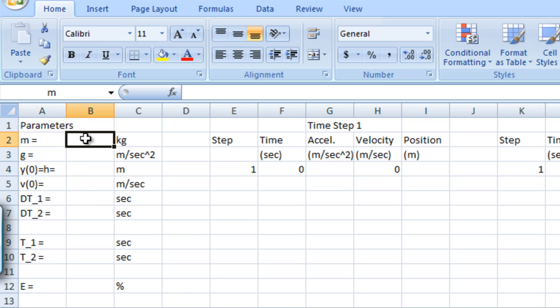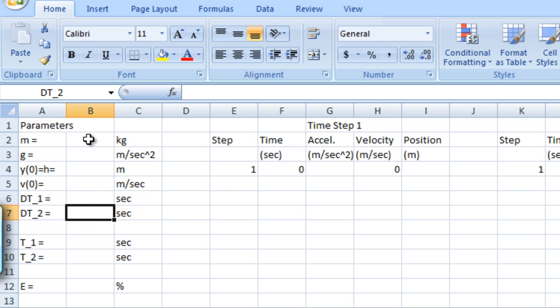You'll see that I've already named these cells: little m for the mass, little g for the gravitational acceleration, h for the initial height, v_0 for the initial velocity, and dt_1 for time step 1. We're actually going to look at two different time steps here and compare the values that we get. So our second time step size, I've named that cell dt_2.